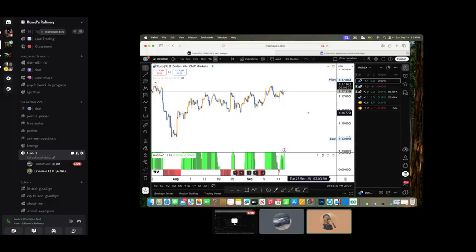The way you just analyzed that 1 hour is how you would analyze a higher time frame chart. But the lower the time frame, the more you have to zoom out, and the higher the time frame, the more you have to zoom in. You weren't zoomed out far enough on that 1 hour chart.